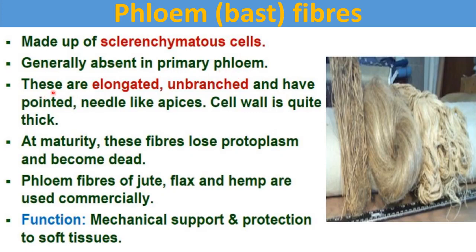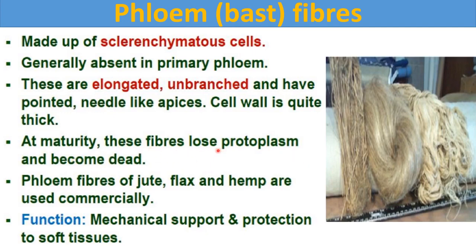Now these phloem fibers are elongated, unbranched and have pointed needle-like apices. So their ends are pointed and needle-like, and their cell wall is quite thick. As you have already studied about sclerenchymatous cells in the previous lecture, you know that their cell wall is thick, right? At maturity, these cells lose protoplasm and become dead.